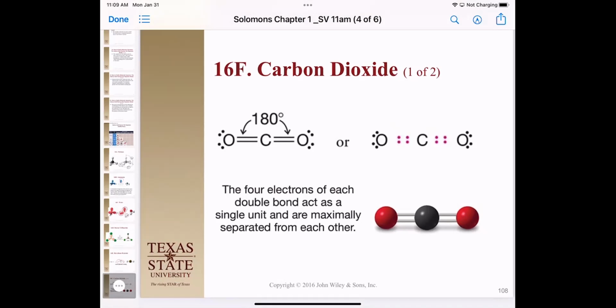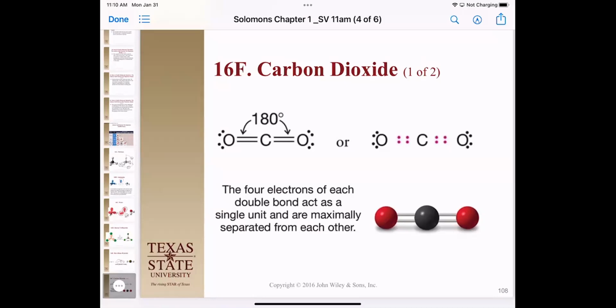Giving us the linear shape. So we know it's sp, but what does sp mean? We have 2 bonds that are sigma bonds. The hybridized bonds are the ones that make sigma bonds, okay? But what else do we have? We have sp, but what happened to those 2 other p's? They're unhybridized, making them available for p orbitals or pi orbitals.